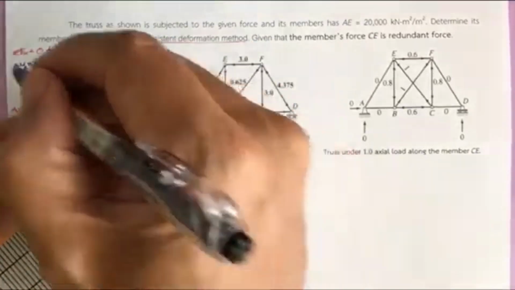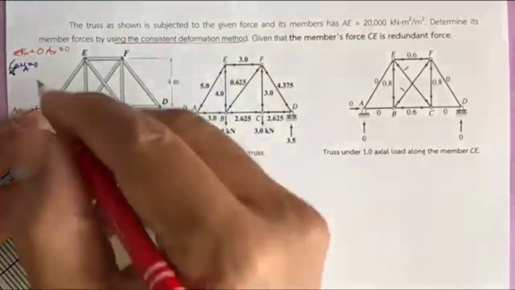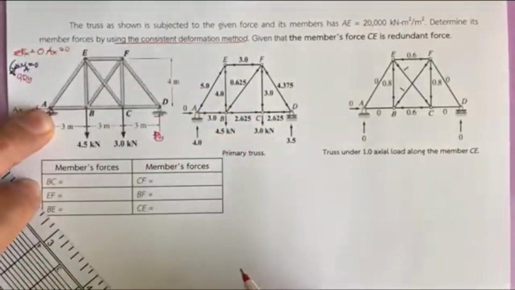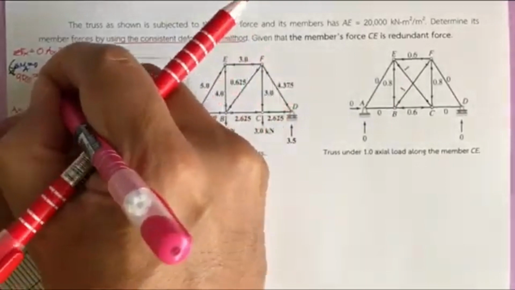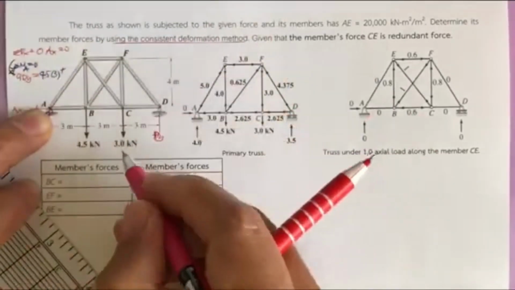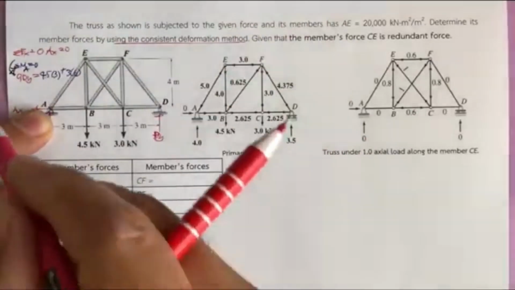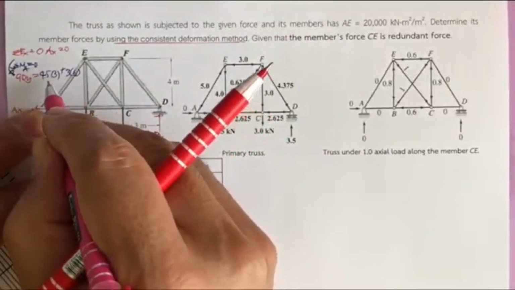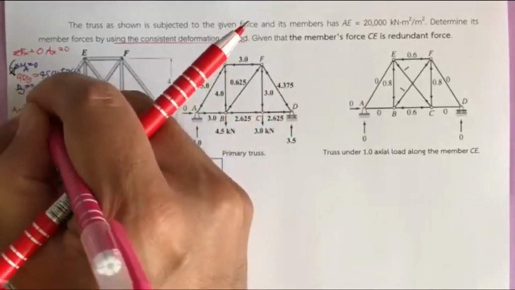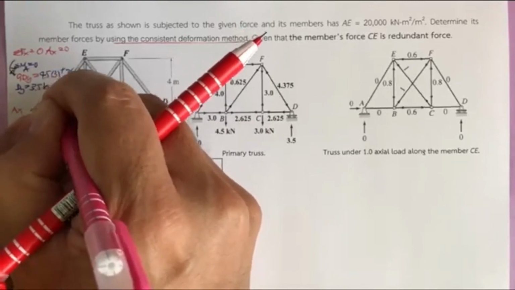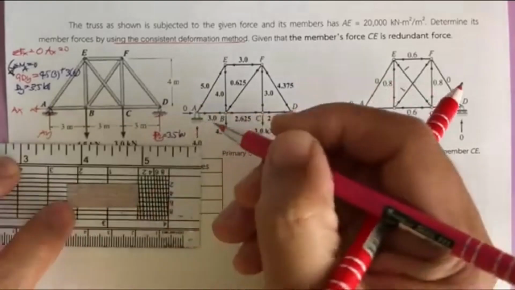We have D sub Y times 9 equal to 4.5 times 3 plus 3 times 6, which is 18, and then D sub Y is going to be 3.5 kilonewton.